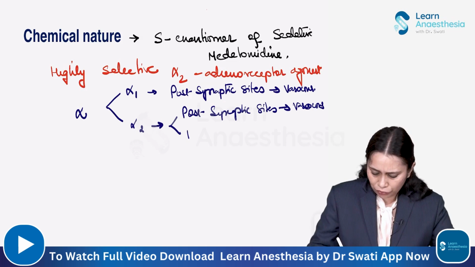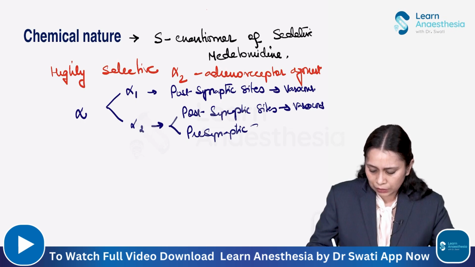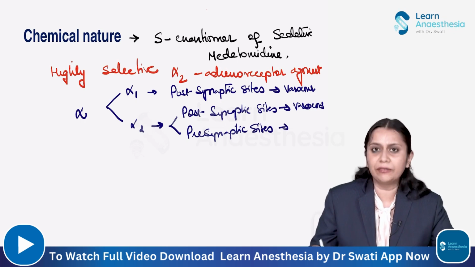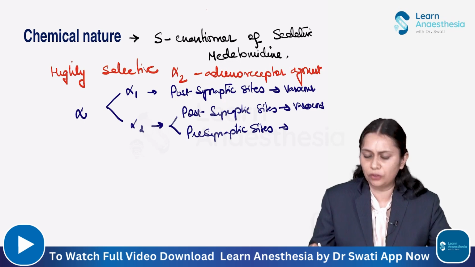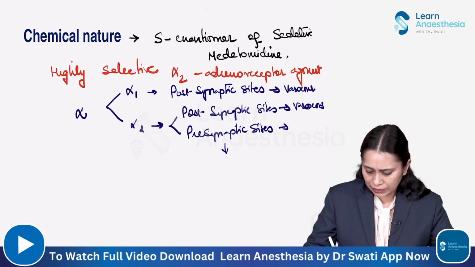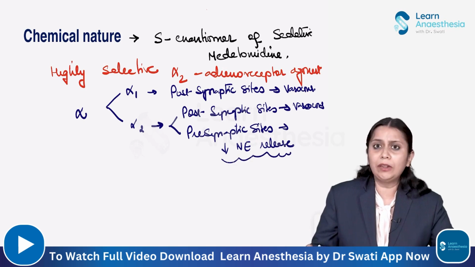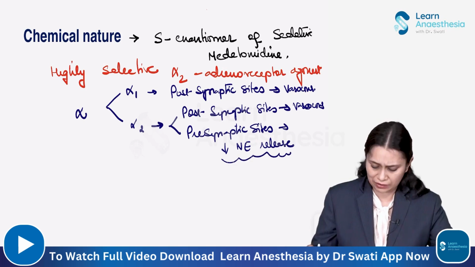But alpha-2 receptors which are present on the presynaptic site modulate norepinephrine release. They decrease norepinephrine release. So, they decrease noradrenaline release. And because of the decrease in noradrenaline release, it will produce its effect, which I will discuss.